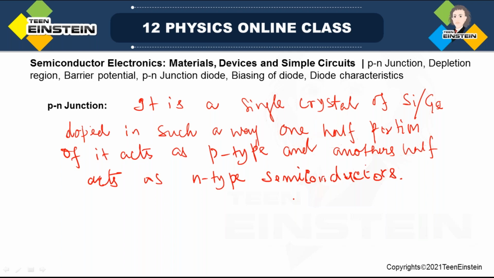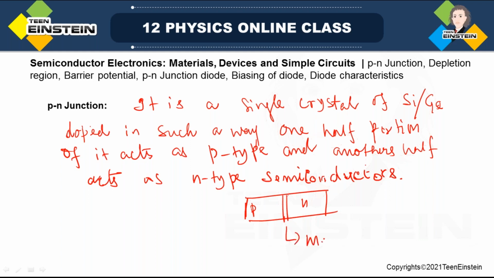Here the term junction means that a p-n junction is a metallurgical junction. Suppose this side is p and this side is n, and this is the junction.